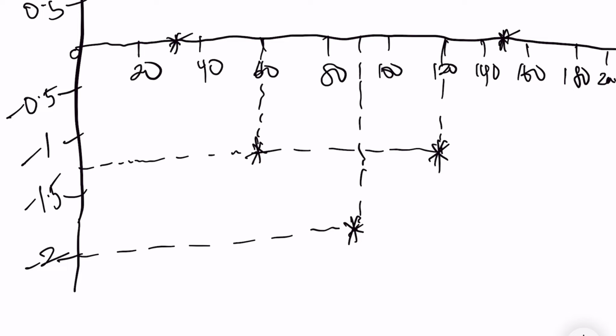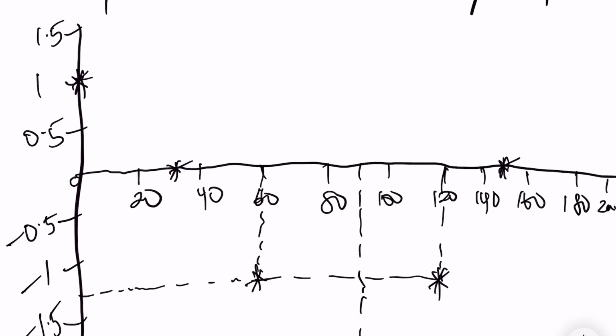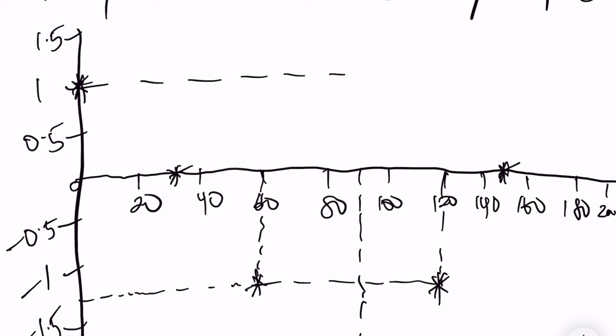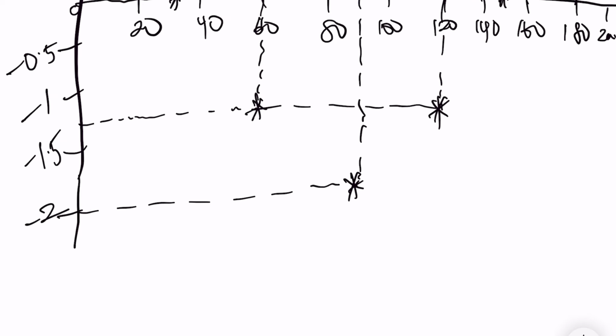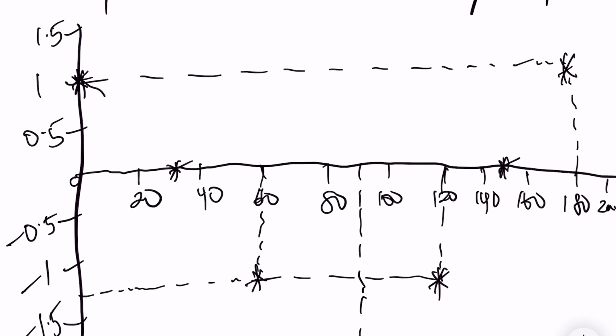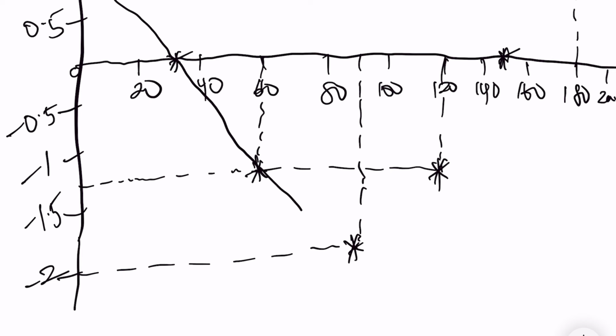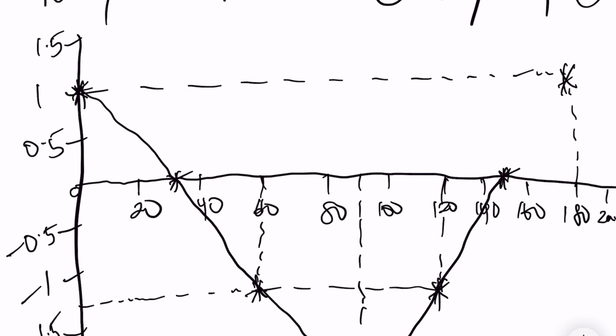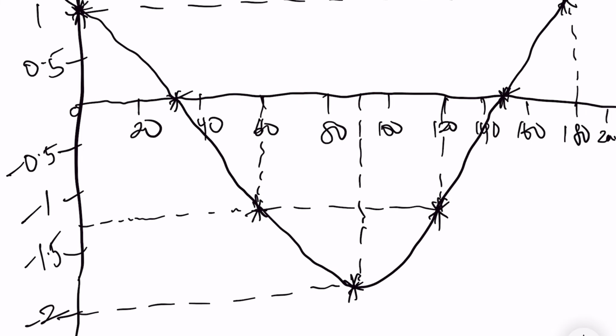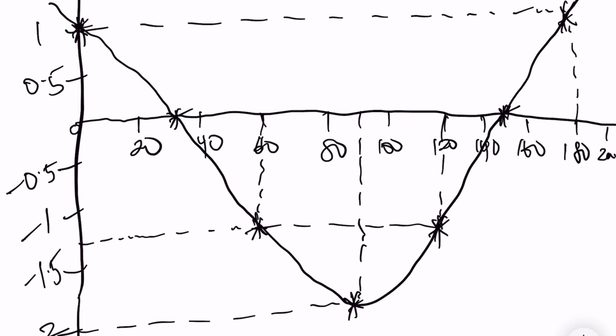And at 180, we have it to be 1. Hence, we draw our graph. So we have something like this. Now, this is the graph for y equals cos 2 theta minus sin theta.